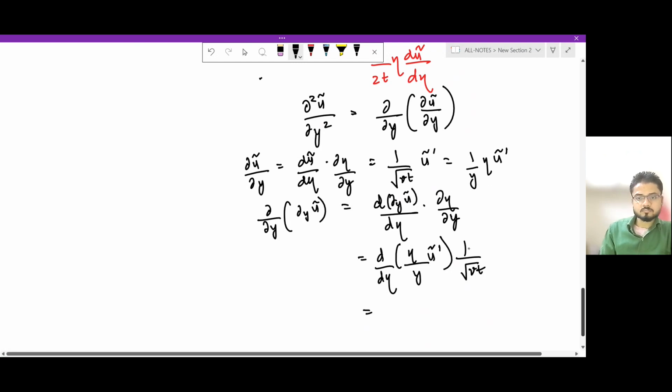And the interesting thing here is that you've got something like this: ∂y/∂η is the inverse of ∂η/∂y. Just give me a moment.